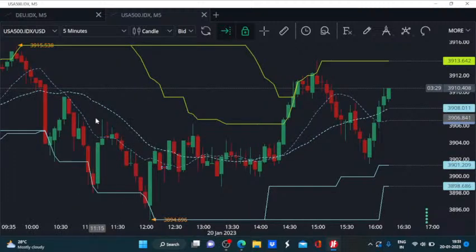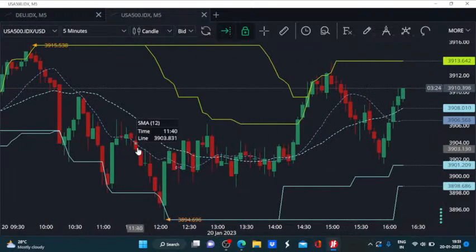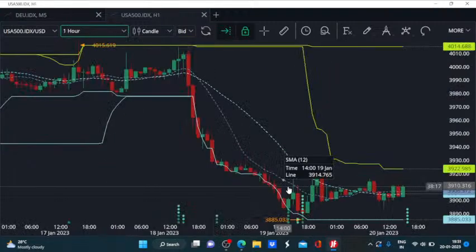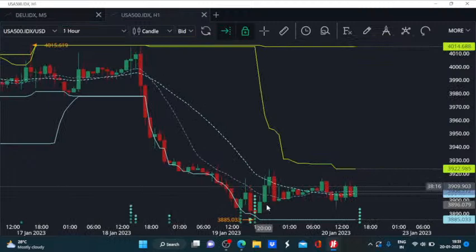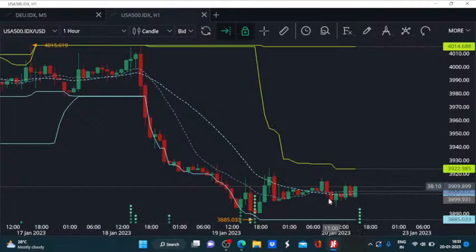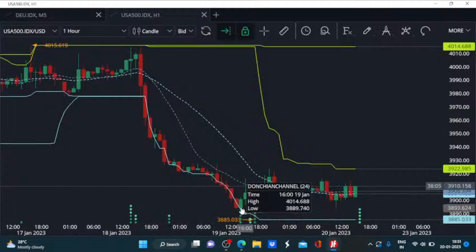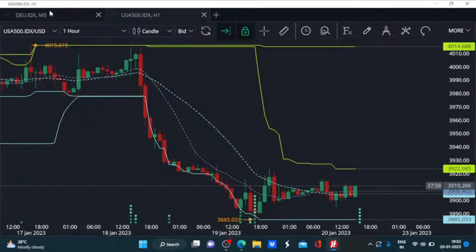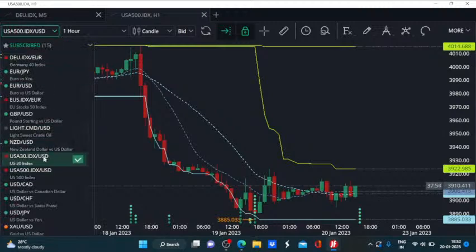So for S&P 500, it seems to be holding closer to this 3900 level, but if we have to consider it trade worthy, we will have to look at its range, and it is moving just in between this range. The immediate low is below at 3885, so it is not really the price level where you can go for a long trade, but it is less bearish than the Dow Jones Industrial Average.